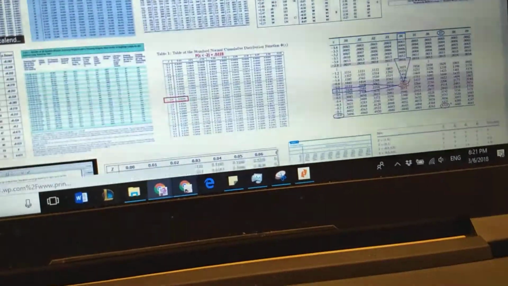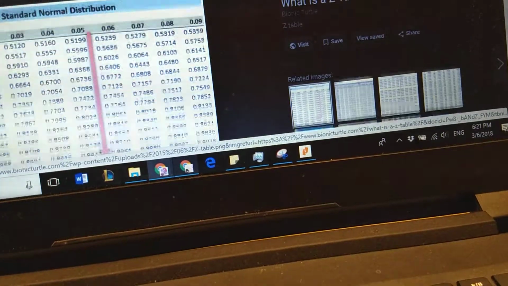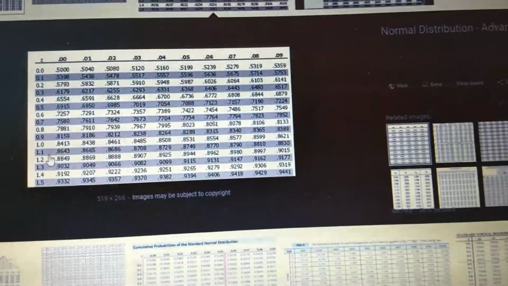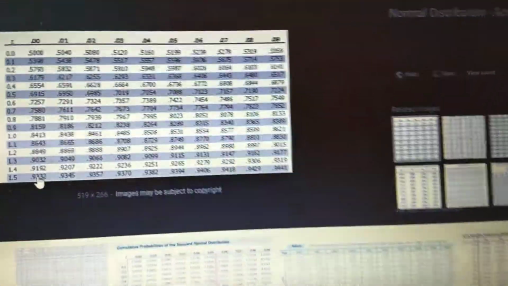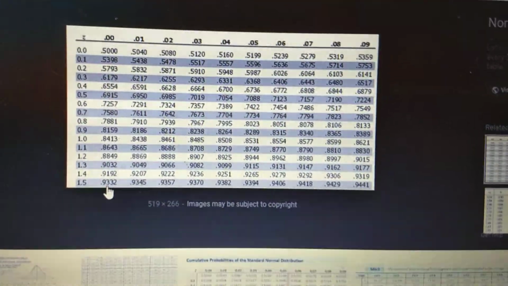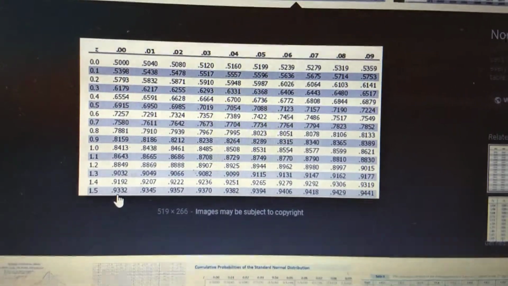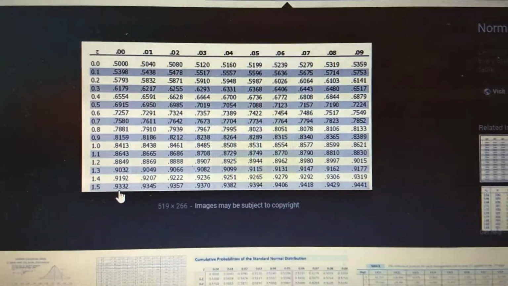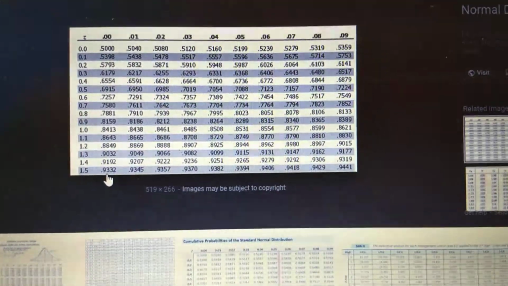We move on to our computer and try to find a chart for negative numbers. Actually, let's just use the alternative method. We know that it's 1.5, and if we find 1.50 here, we get 0.9332. Because we're finding the rightwards amount, we do 1 minus 0.9332.